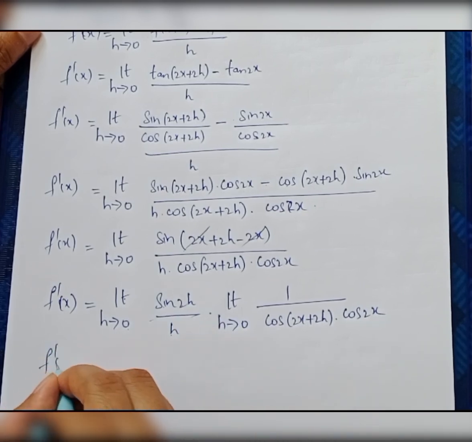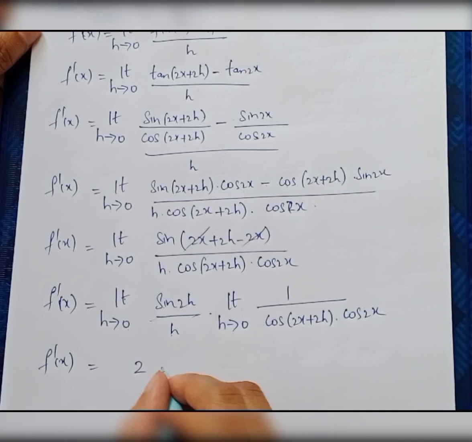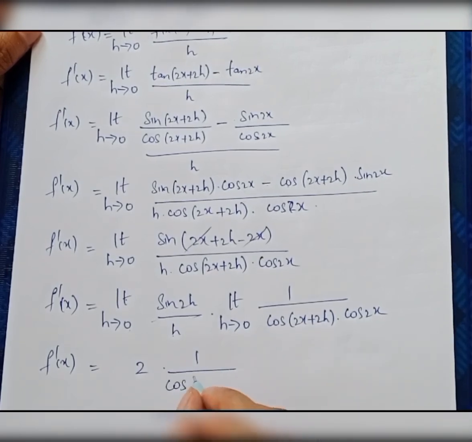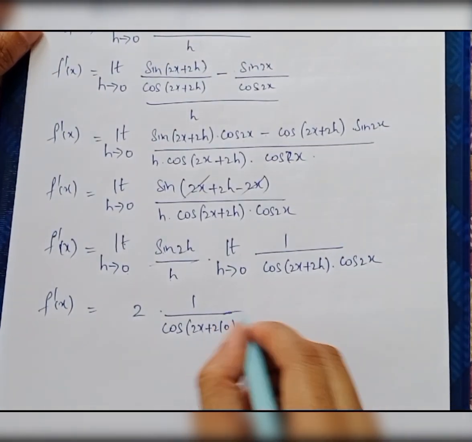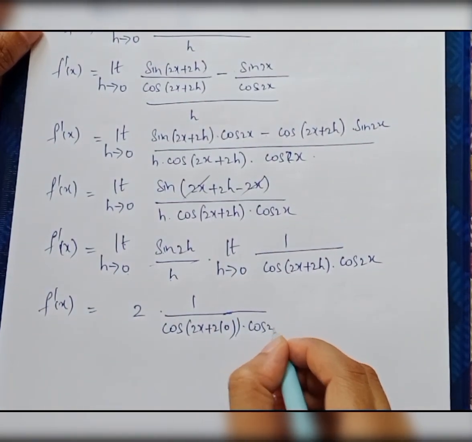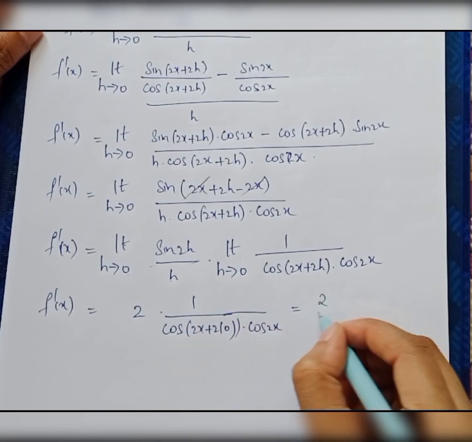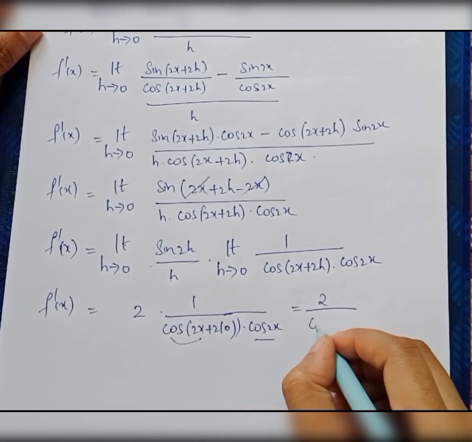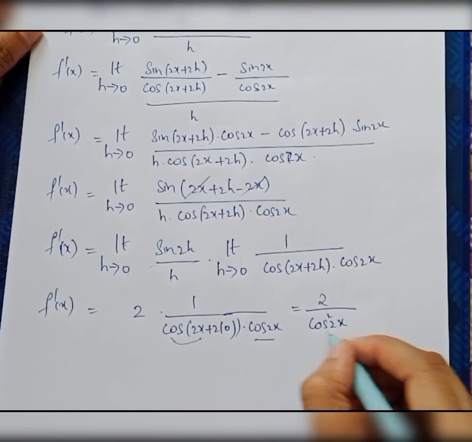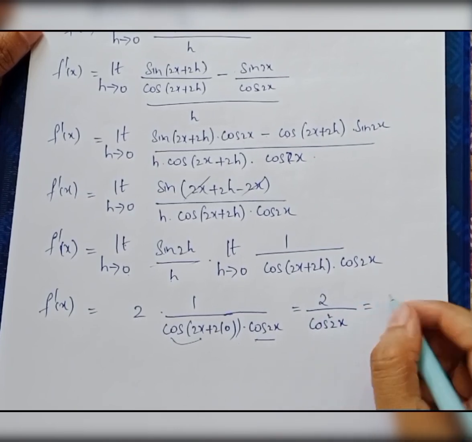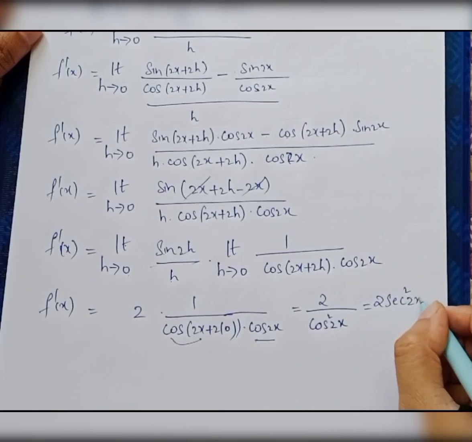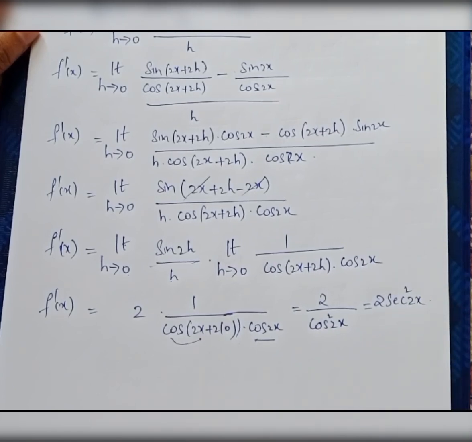So the value of a here is 2, substituting h equals 0 here, so it is cos(2x + 2 into 0) into cos 2x. So 2 into 1 is 2, by cos 2x into cos 2x. So it is cos square 2x, and 1 by cos is secant. So we can write it as 2 sec square 2x.